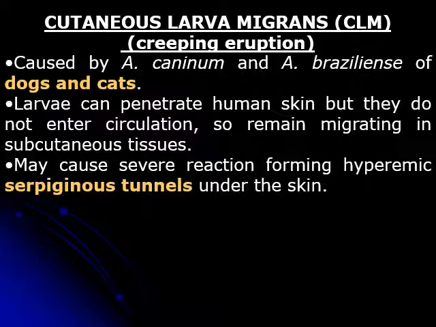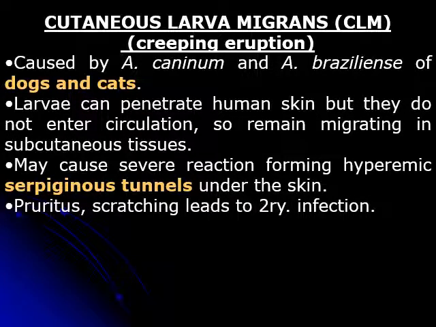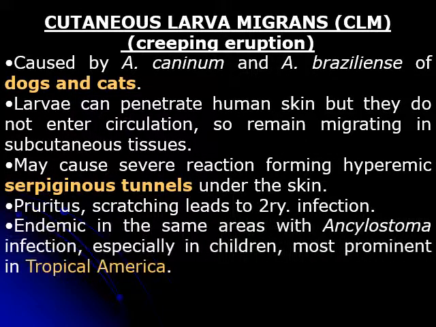They may cause a severe reaction, forming hyperemic serpiginous tunnels. بيدي خطوط متعرجة كده لونها darker in color than the skin and it is inflamed and raised from the skin. There is pruritus and scratching, which usually leads to secondary infection. This disease is endemic in the same areas as ankylostoma infection, usually in tropical America more than in other places. It is present especially in children.